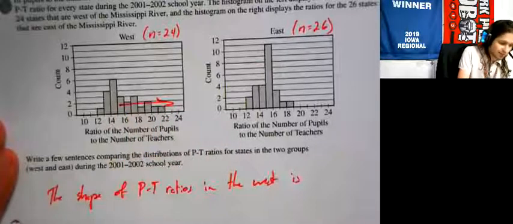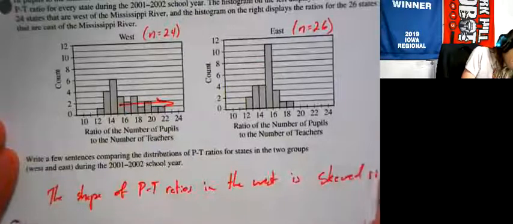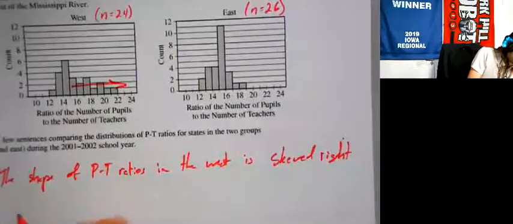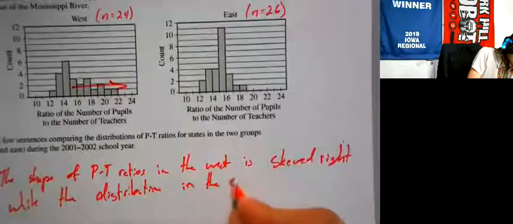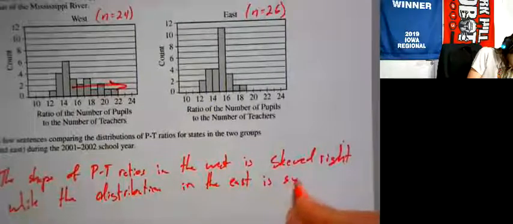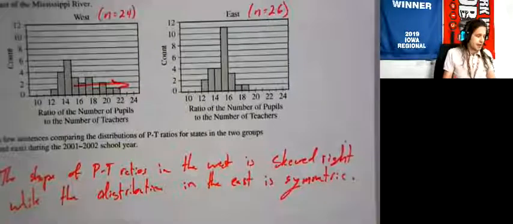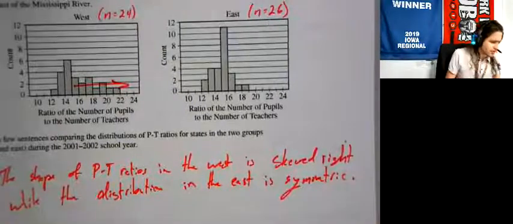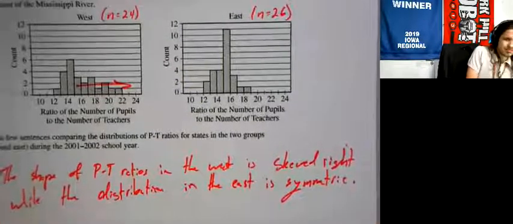Looks skewed right to me, while it looks pretty symmetric in the East. Cool. What else do we see? The center, shape, outliers. We're going to skip outliers. We're going to hold that to the end.